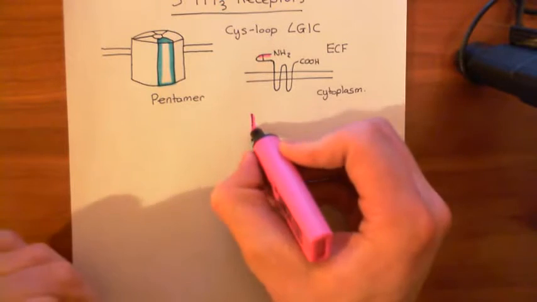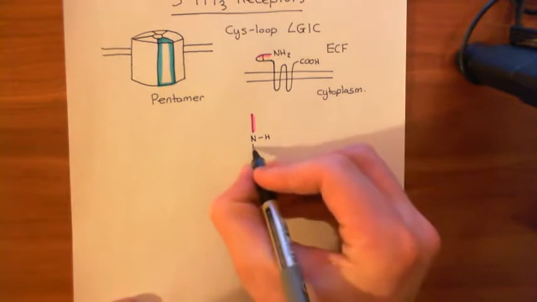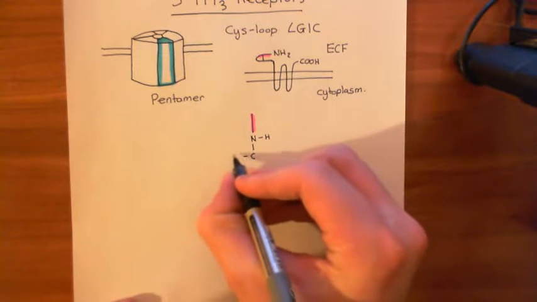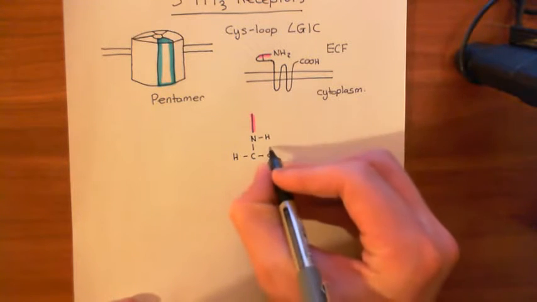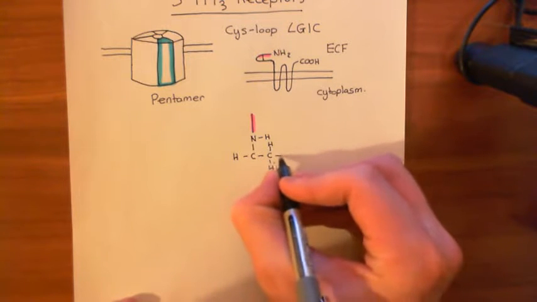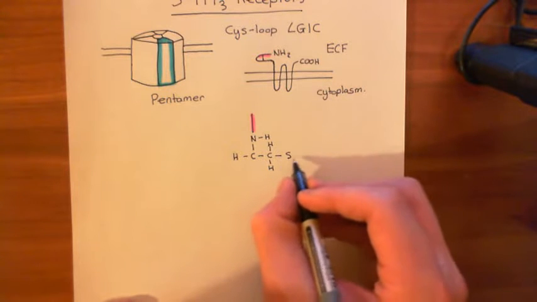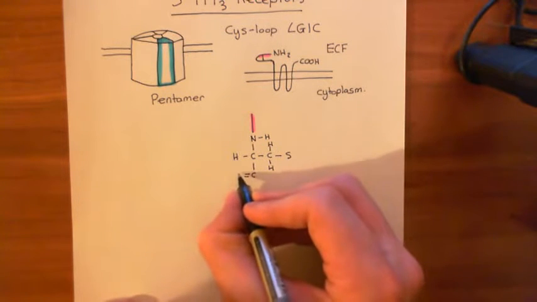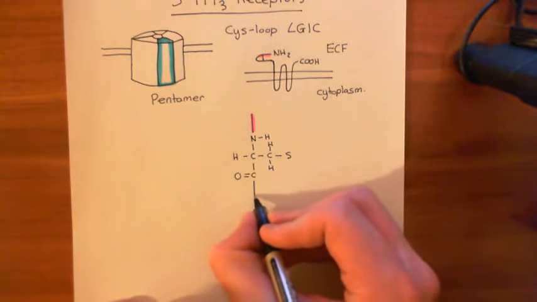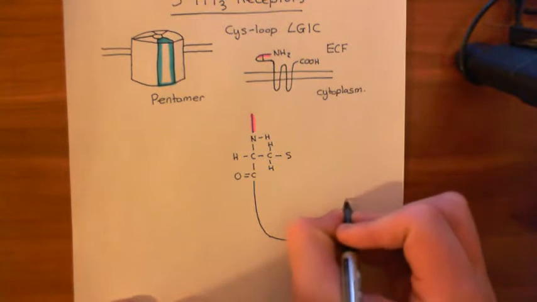We start off with this purple strand, and let's say it's got a cysteine in here. So here's the amino terminus of the cysteine, the alpha carbon, the R group coming off the cysteine amino acid, and it will have a thiol group there, but the thiol group is going to be involved in a disulfide bond, so I won't put the hydrogen on. Then we have the carboxylic acid group of this cysteine, and then it loops round onto this other opposing strand.